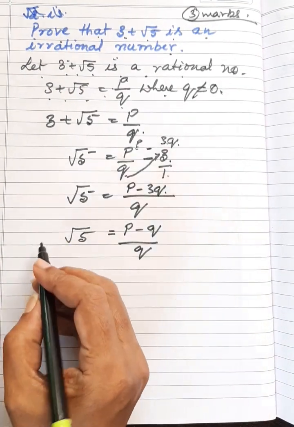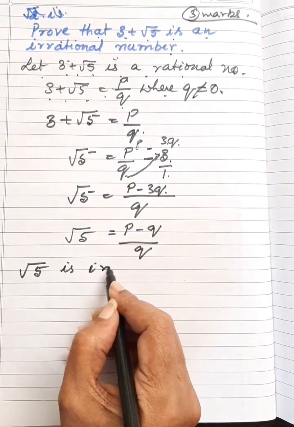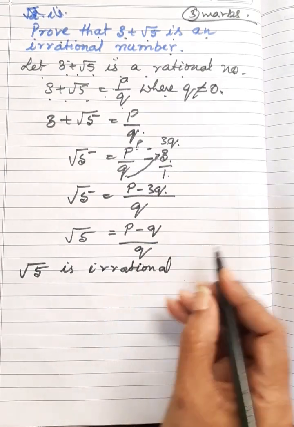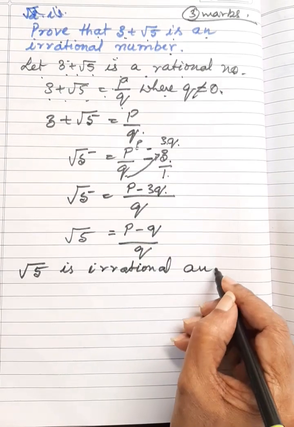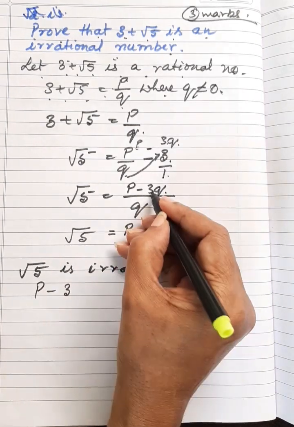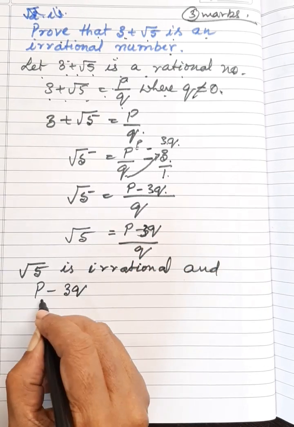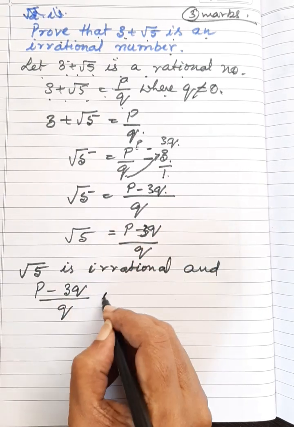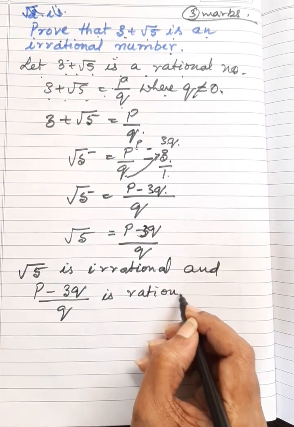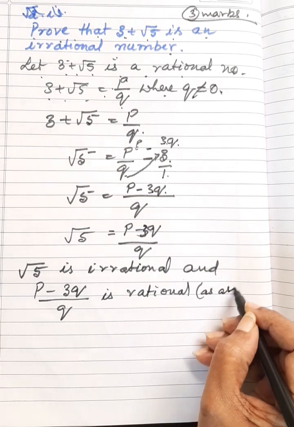Understood? Now root 5 is irrational and P minus 3Q by Q is rational, that is as assumed.